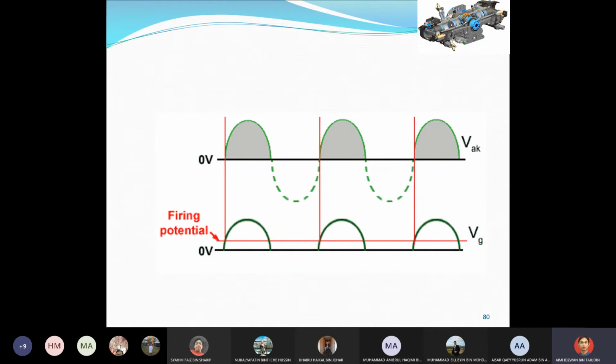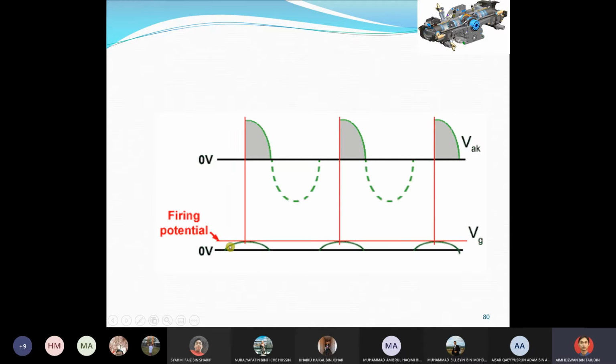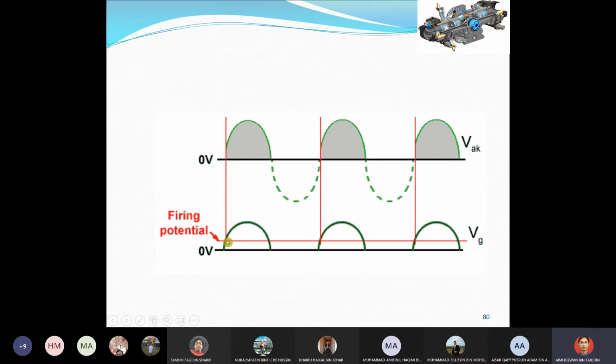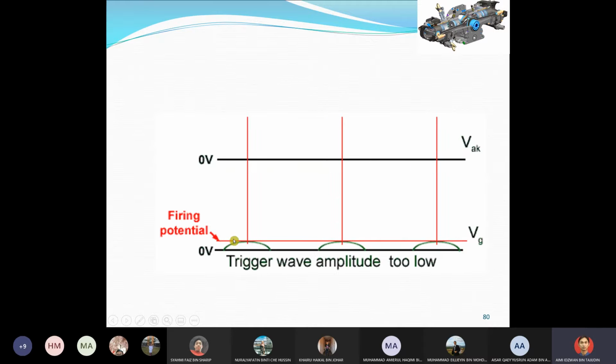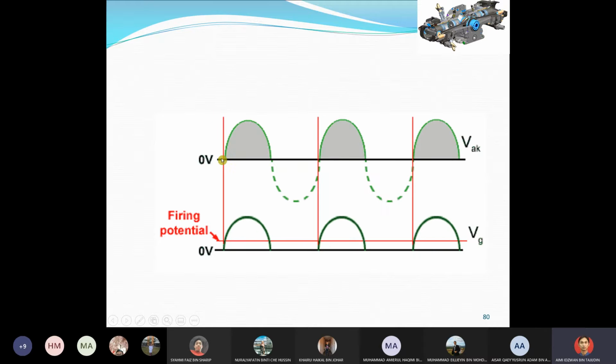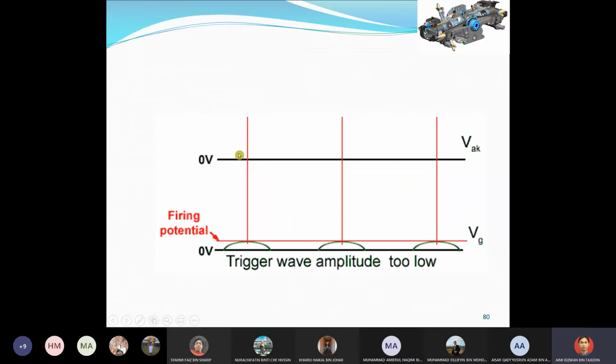So kalau kita tengok dekat sini, kita punya firing potential adalah straight line yang warna merah ni. Okay, once we want to trigger, if the signal is more than the firing potential, so switching tu terus kita on lah. So dekat sini dia on pada point tu.